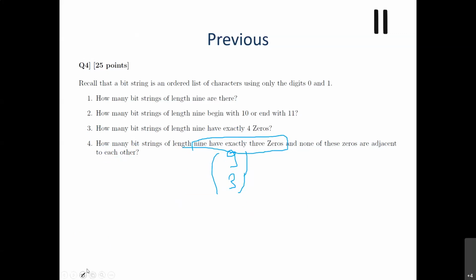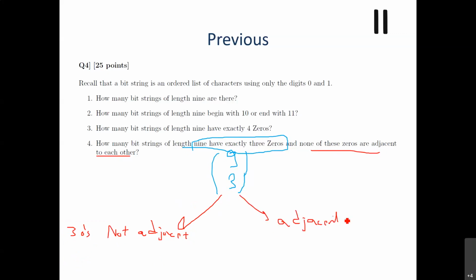Now this can break down into 2 parts. It's either this quality is true or not. Either the 3 zeros are not adjacent, or they are adjacent. The sum of these two together will give you 9 choose 3.